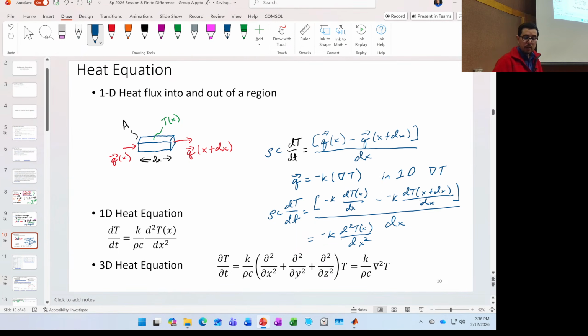Like so. And so that's what the 1D heat equation is.